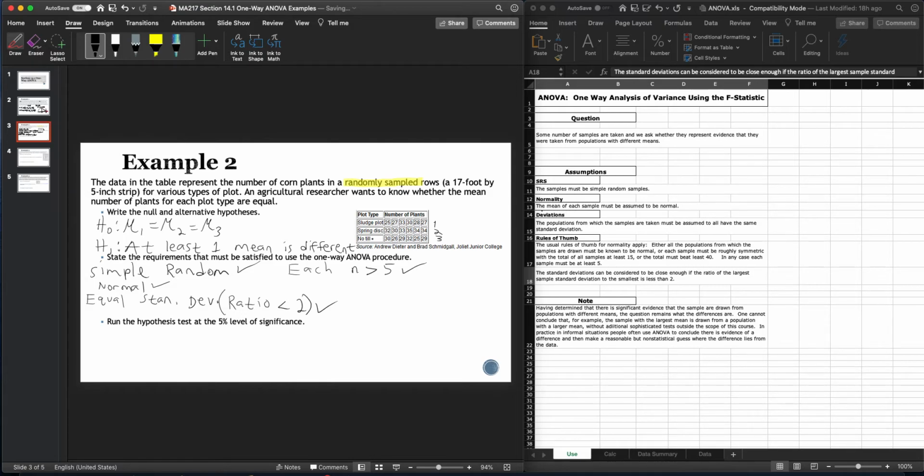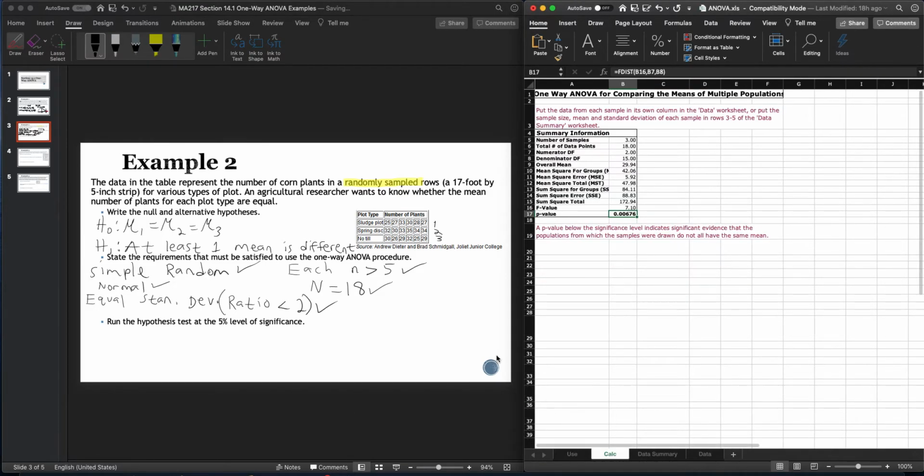And because of that, we have a total of 6 here, 3 of these. We have a total sample size of 18. Now 18 is less than 40, but it is at the very least greater than 15. Since we're assuming these to be normal, we could say that the normality then with this being 18 is also met.